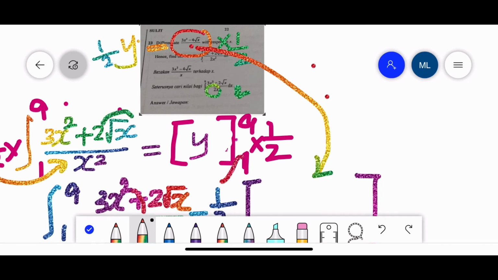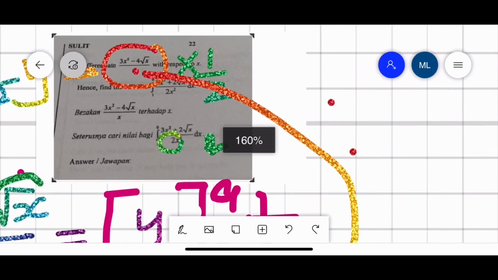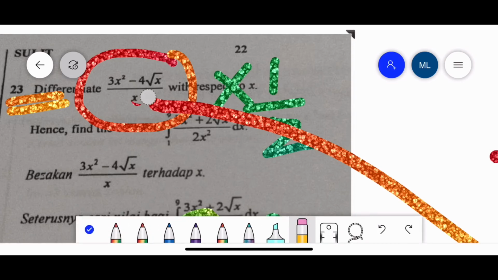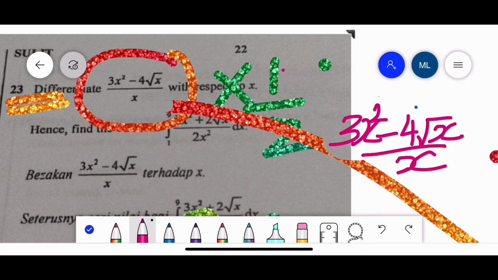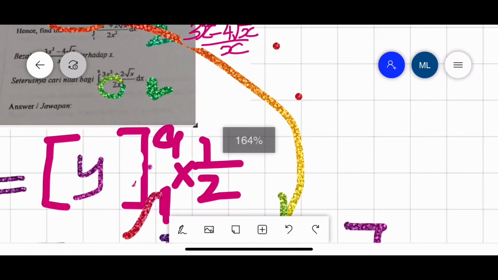Okay, let's copy down the y. That's the y at the beginning of the question: 3x squared minus 4 square root of x, over x, right? So you copy down the y and then you substitute the limit, then you simplify.